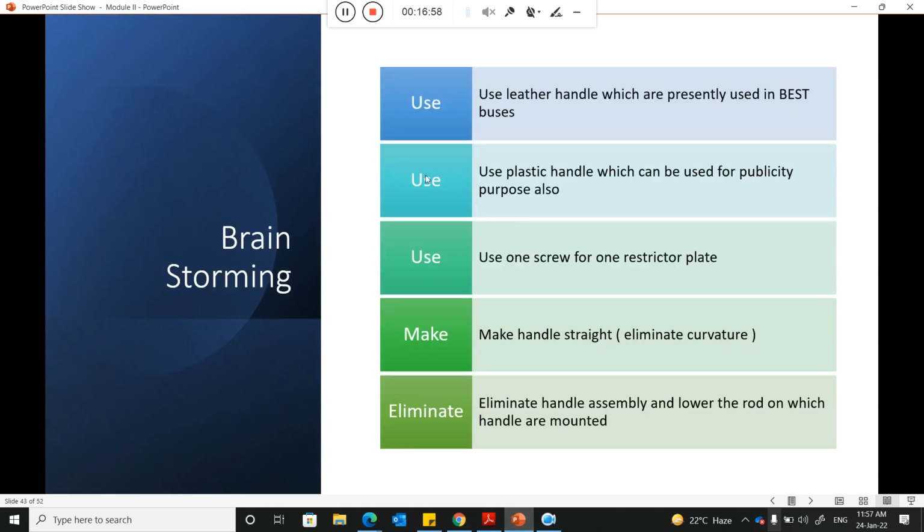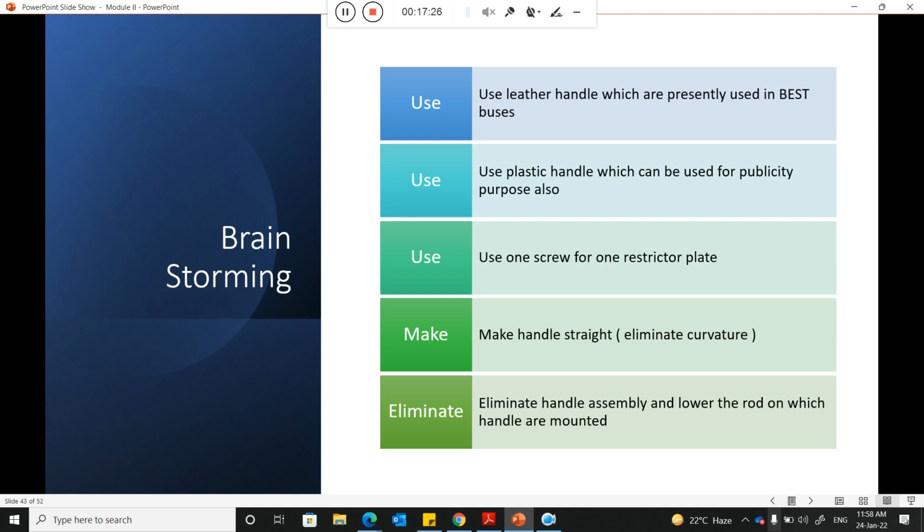Solution number 2 is to use a plastic handle which can be used for publicity purposes. Here you actually increase the function, so that's why maybe you got a higher point. The next one says eliminate the handle assembly and lower the rod on which the handles are mounted. So eliminate all these things, just lower that particular rod which you are actually using.